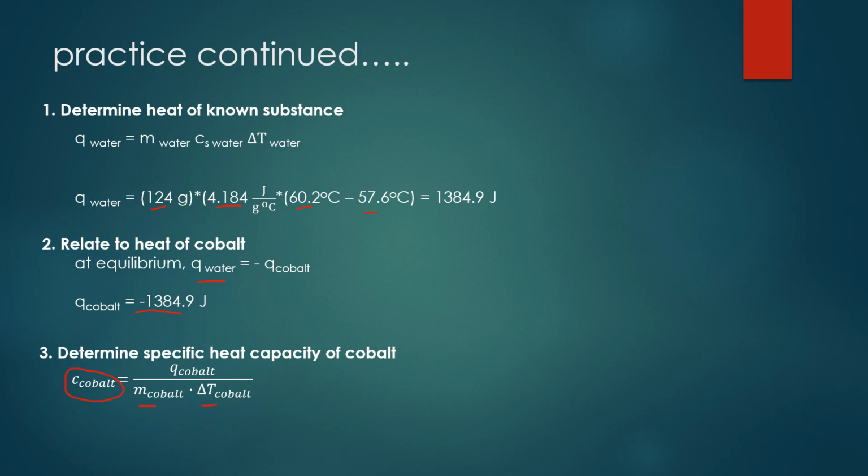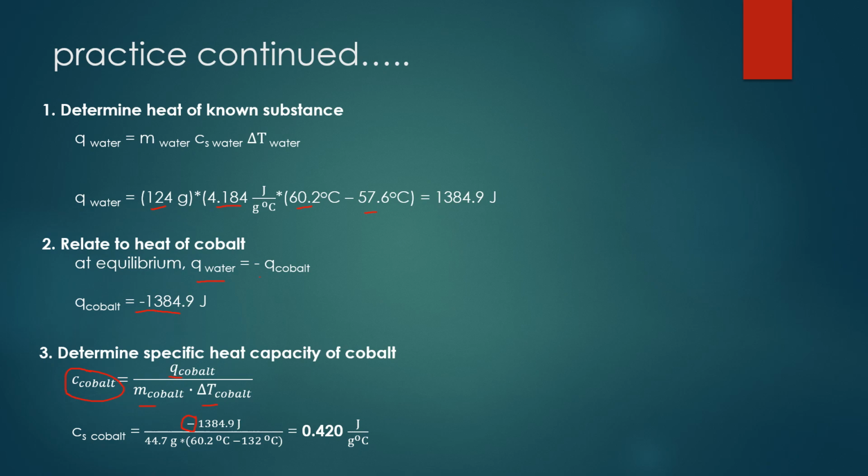The temperature change we can figure out using the equilibrium temperature and the initial temperature of cobalt. And then, thanks to the previous step, we also know what the heat or the Q value of cobalt is, negative 1384.9. So plugging those values into this equation, making sure to include that negative sign for the Q value.